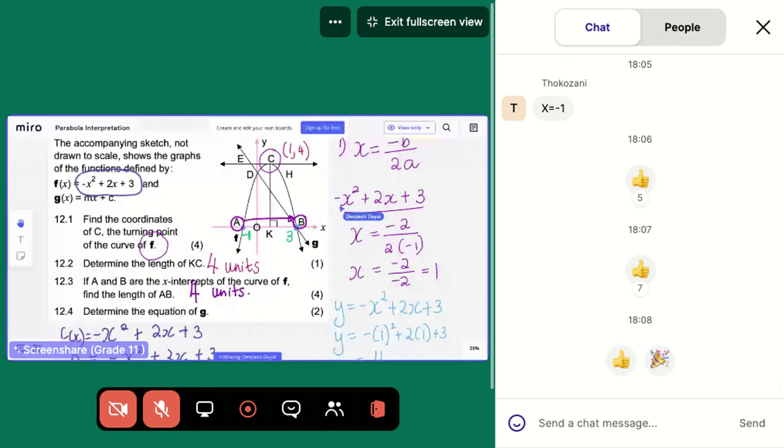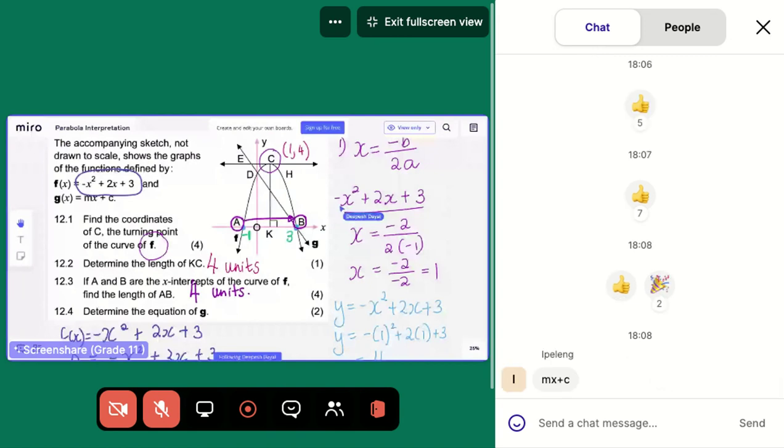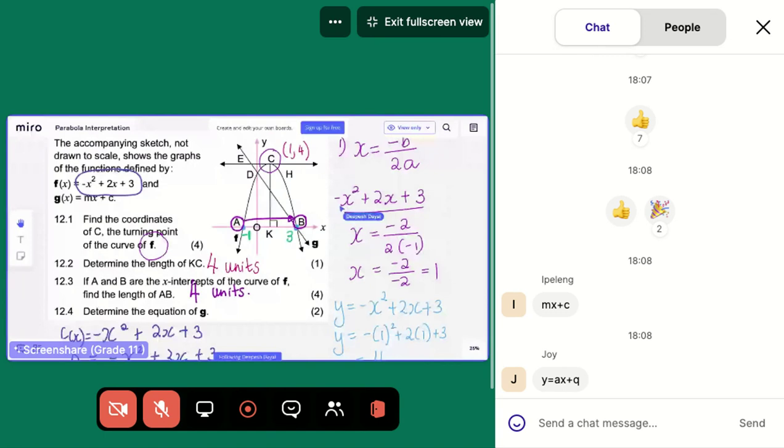And what is the standard equation for this graph? Y equals mx plus c. Or Joy, you've got ax plus q. That's fine.